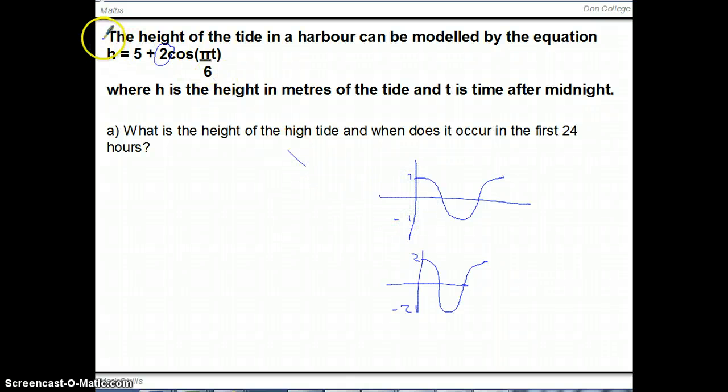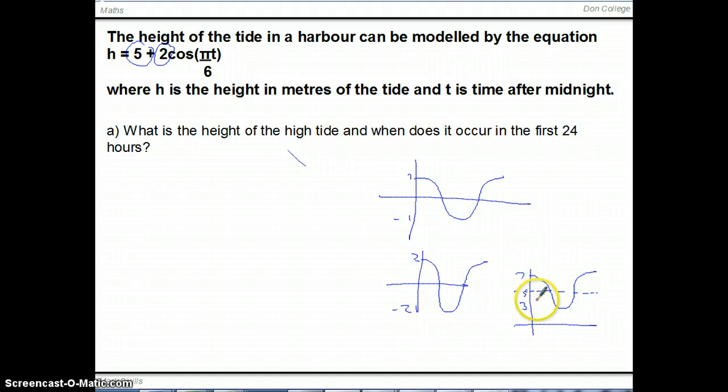And it's also been translated 5 up, so instead of going from minus 2 to 2, it's actually going to go from 7 up here to 3 here, and it'll have a line there at 5 in the middle, and it'll look like that.